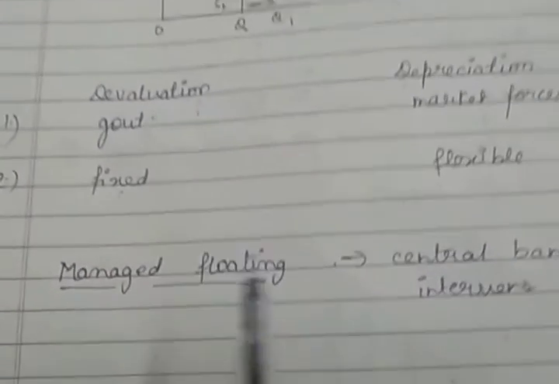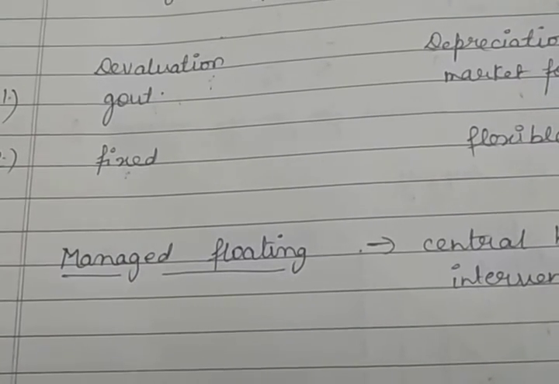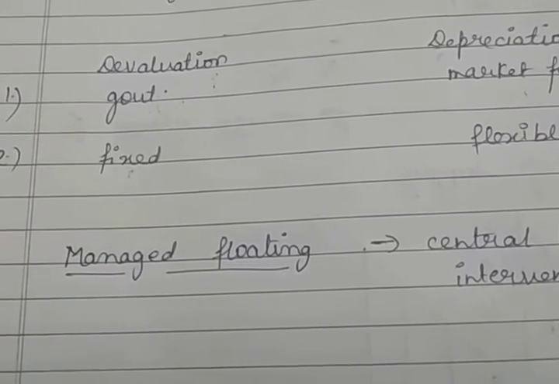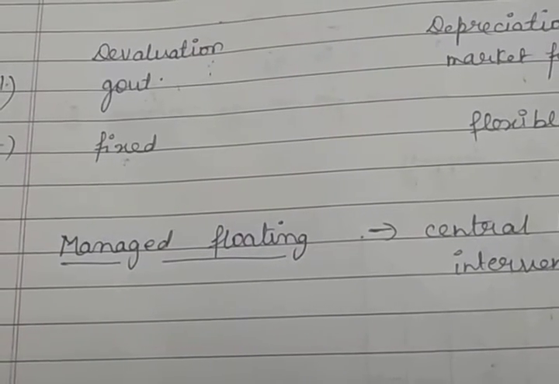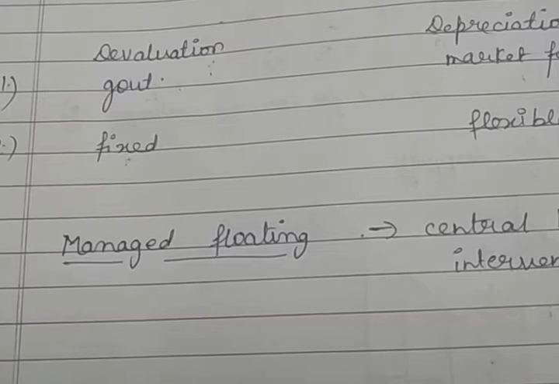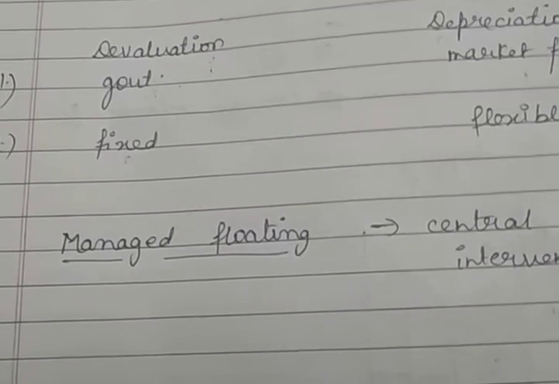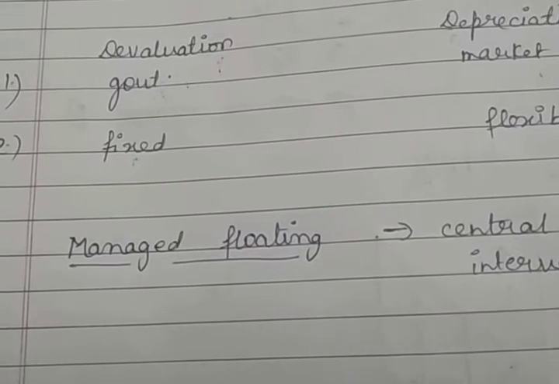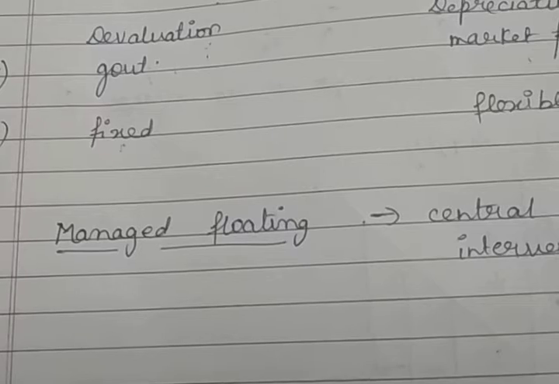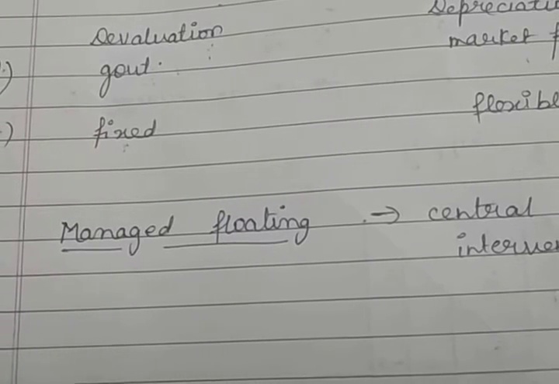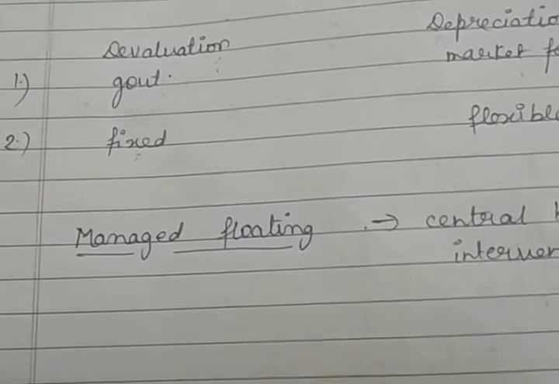We know that the balance of payments should always be in balance, but two situations are there. Sometimes it can be a surplus, sometimes a deficit. In the case of a surplus or deficit balance of payments, permission of the IMF has to be obtained, and it is a system that allows adjustment in the exchange rate according to a set of rules and regulations which are officially declared in the foreign exchange market.